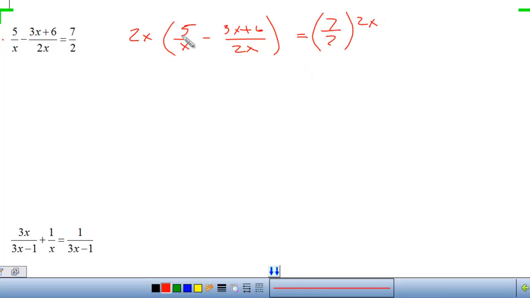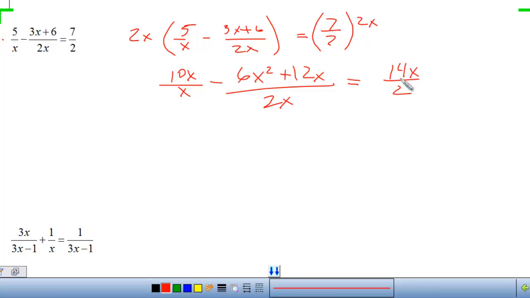Now what begins to happen is if we do this all together, I would get, let's see, 10x over x minus, this gets distributed through, that is a 6x squared plus a 12x over 2x, and that equals 14x over 2.